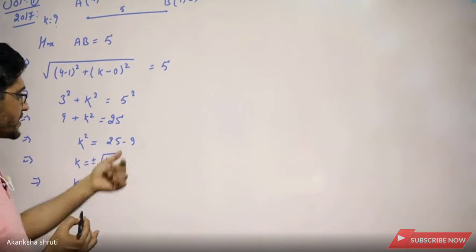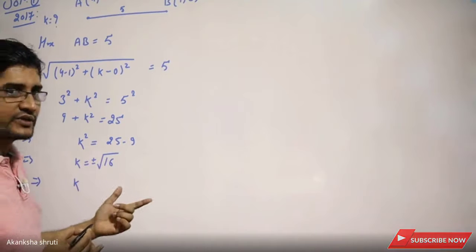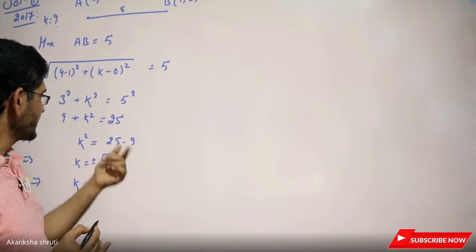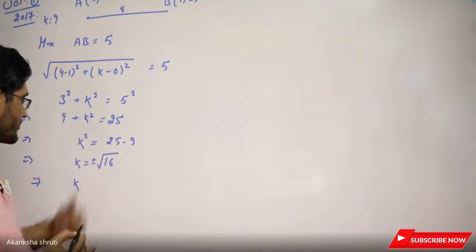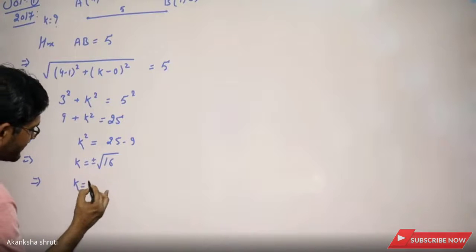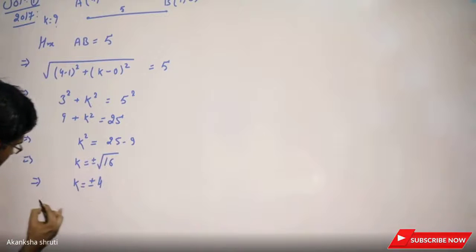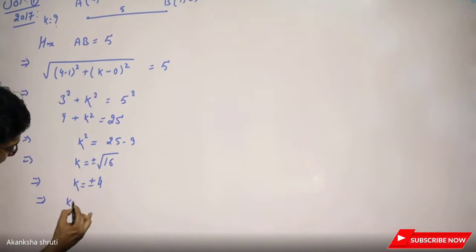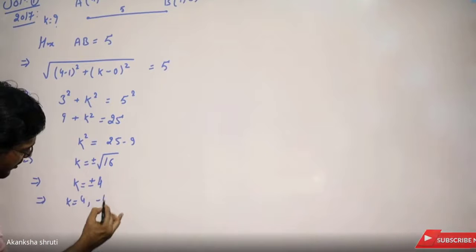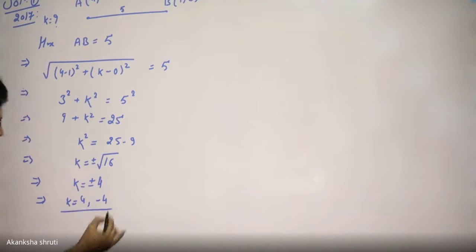Or, an alternate way of solving, which I explained in quadratic equations: take it on the left hand side and go for factorizing. So K can be plus minus square root of 16, which is 4. So K can be 4 or minus 4. These are the two possibilities.